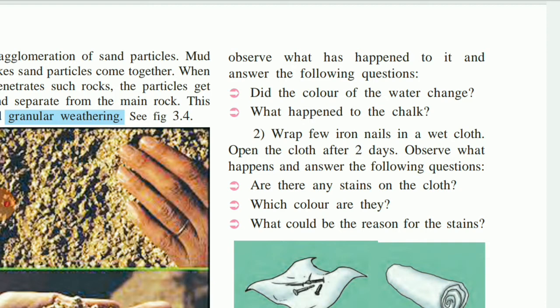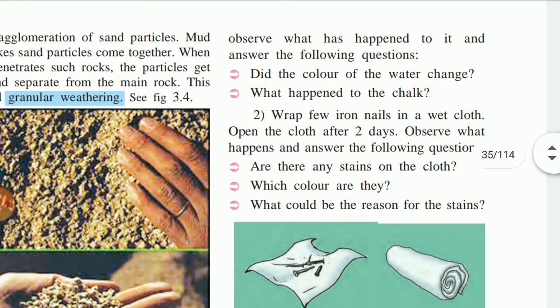Dip this white piece of cloth in water, put these nails on it and fold the cloth. Keep these nails for 2 days, and after 2 days, open and see.